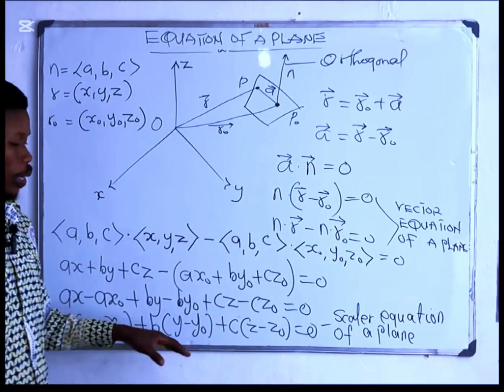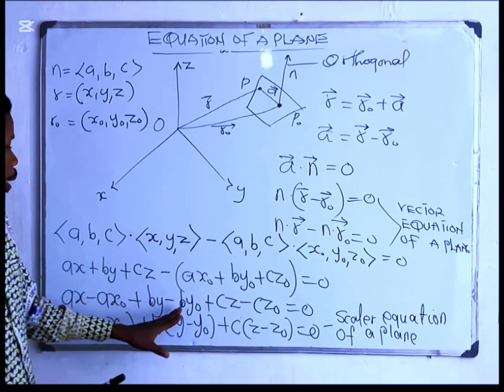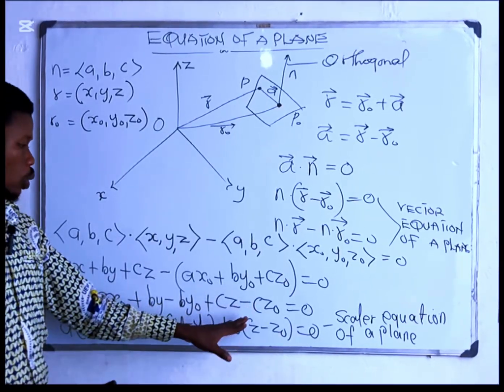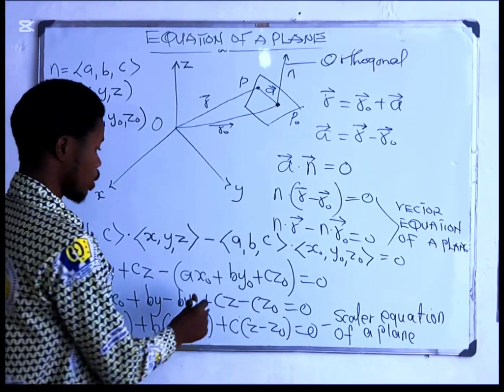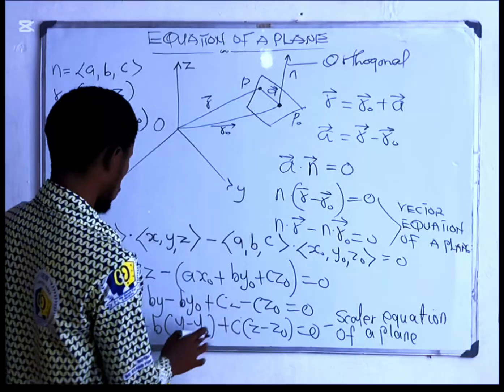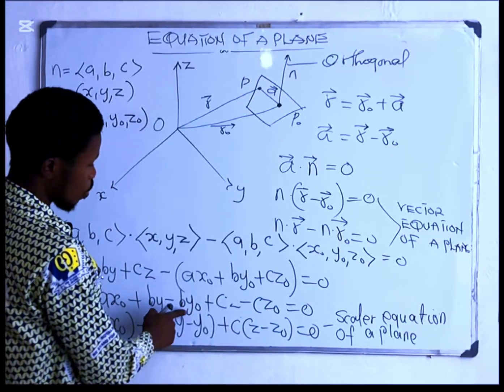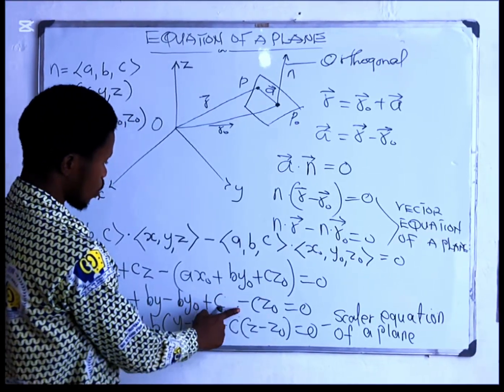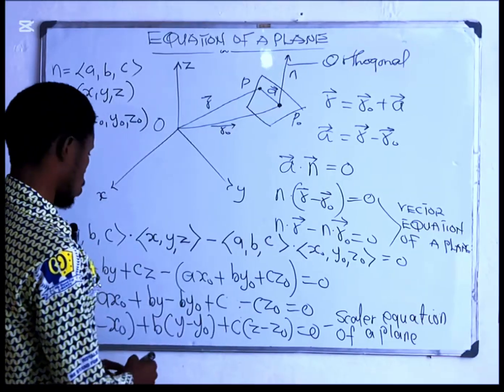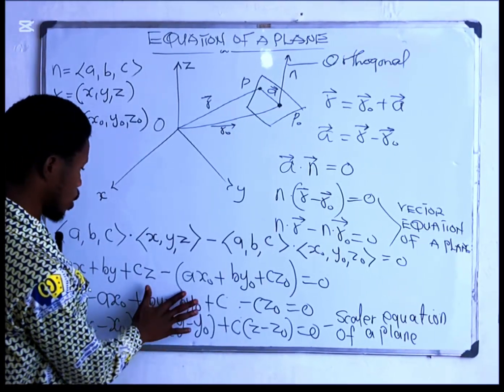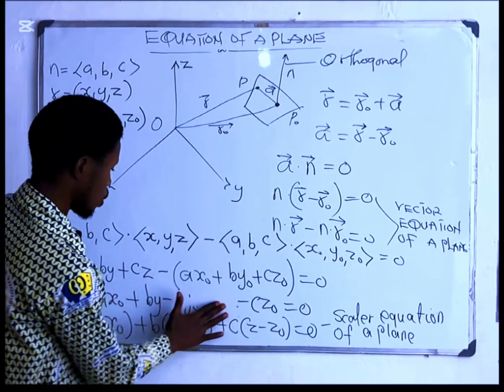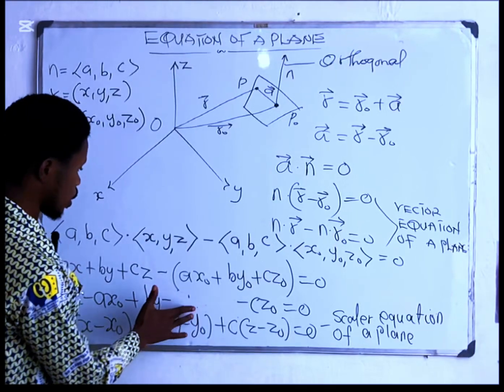But this particular formula, we can do something about it by sending the one with the y naught, z naught, and the x naught to one place. I think I've made a mistake. This is by naught. I think here, starting from here. So please let me correct this.